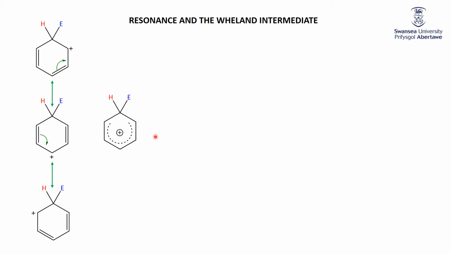Now all 3 of those resonance structures combine to give us the overall average that we claim as the Wheland intermediate. So we can come up easily with 3 possible resonance structures to describe the intermediate that's formed during the electrophilic attack of E, our electrophile, on benzene.